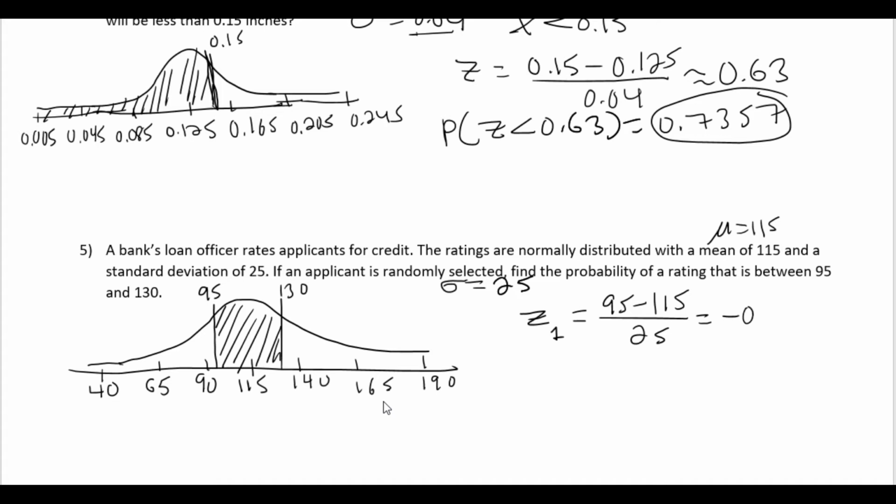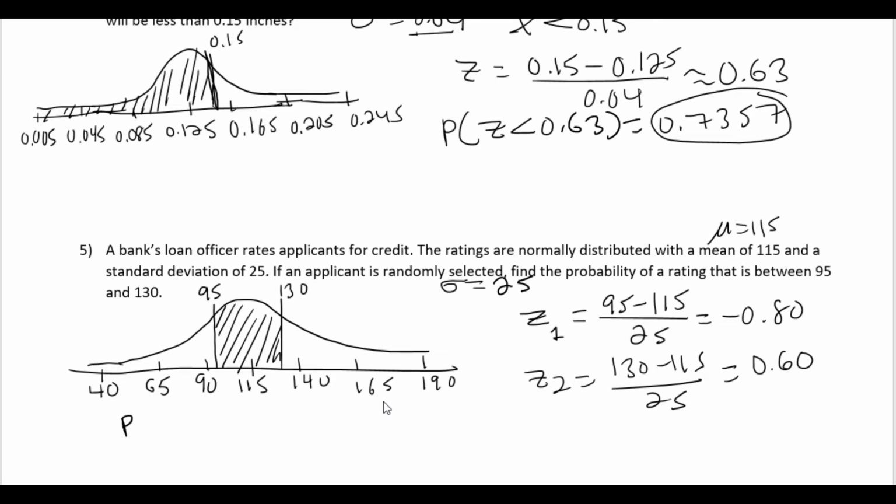So you get negative 0.80. Now z2. We're going to do the next x value of 130. So 130 minus 115 divided by standard deviation. So positive 0.60. So now we want to find the areas in the table and then subtract them.